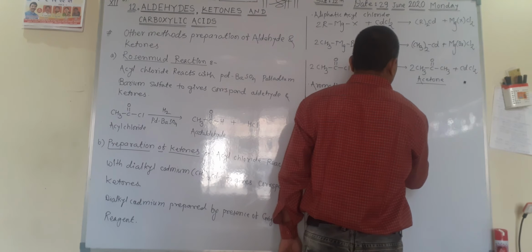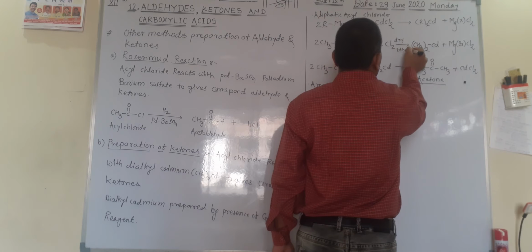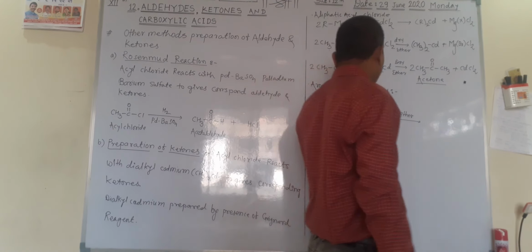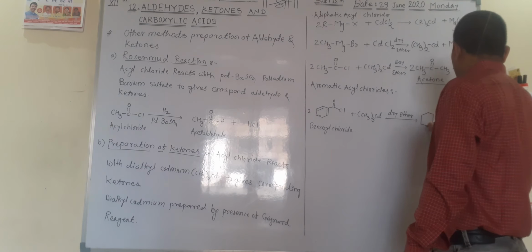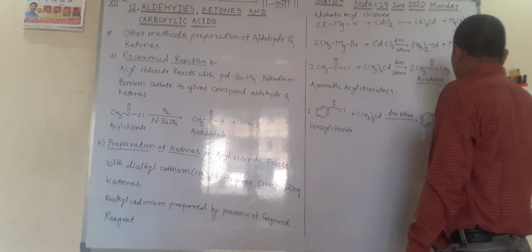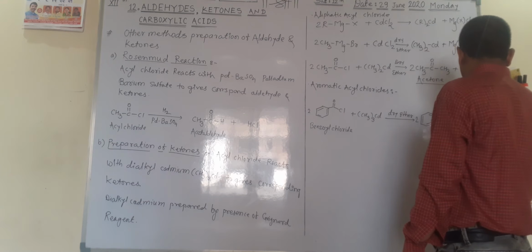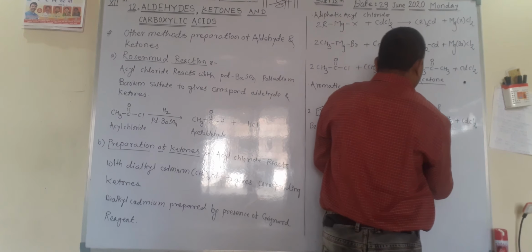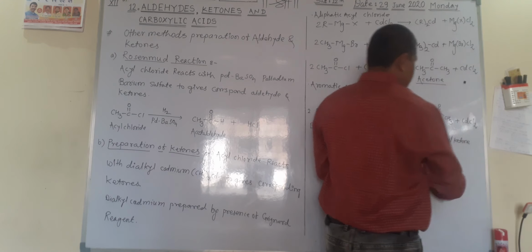In presence of dry ether, we get cadmium Cl2 and benzyl methyl ketone.